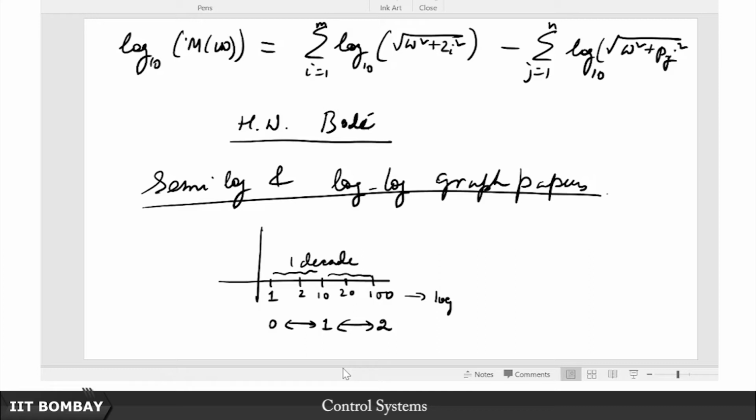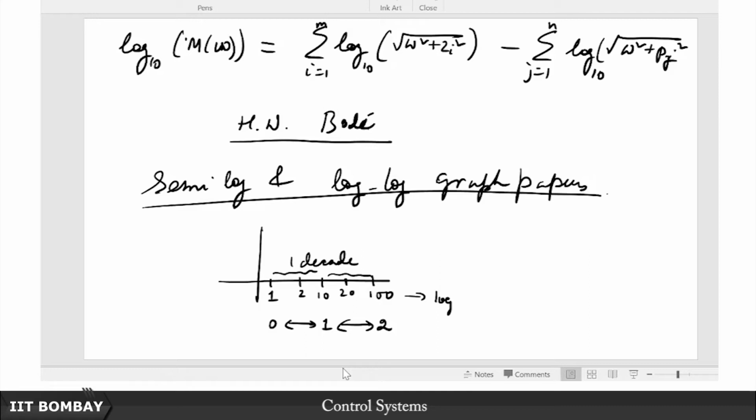For example, there is very high resolution as you go from 0.1 to 1, a little less resolution from 1 to 10, even worse from 10 to 100, and forget about from 10 to the power 5 to 10 to the power 6. Within that same space you have to fit in 10 to the power 5 to 10 to the power 6, so you can imagine that the resolution isn't going to be as good.